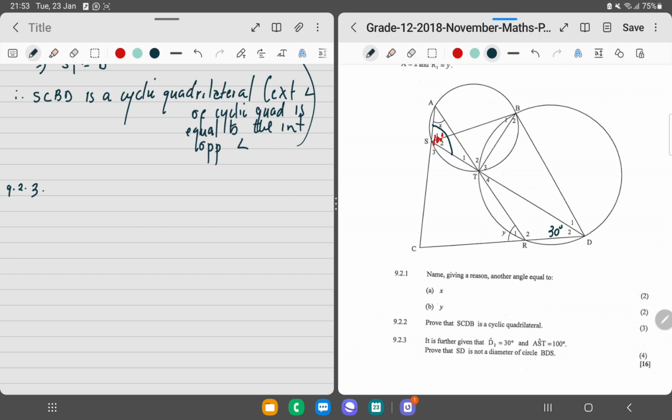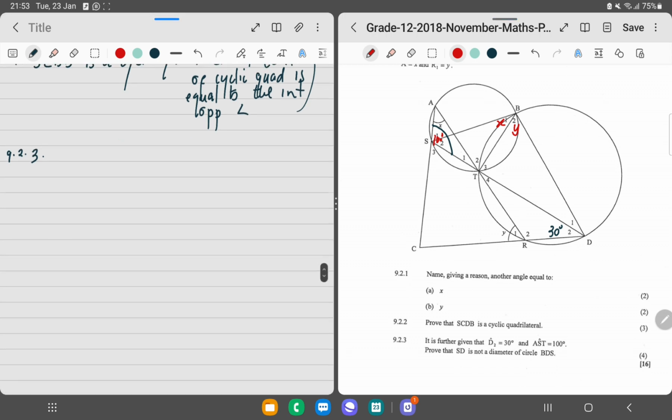Prove that SD is not a diameter of the circle BDS. So I need to prove that this angle is not equal to 90. If I can prove that the whole of B is not equal to 90, so I'll prove that SD is not a diameter. Remember, this is X and that is Y.